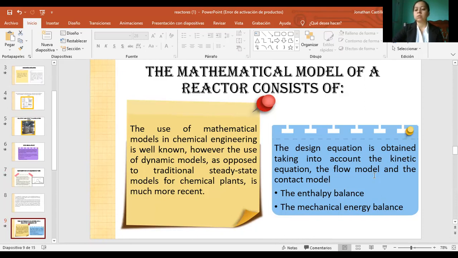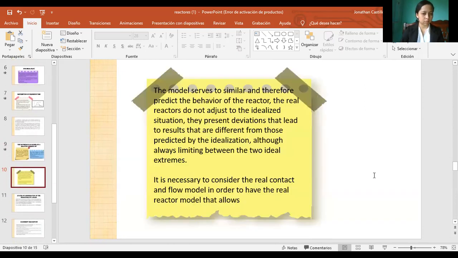This equation is obtained taking into account the kinetic equation, the flow model, the contact model, the enthalpy balance, the mechanical and the energy balance. The model simulates and therefore predicts the behavior of the reactor.